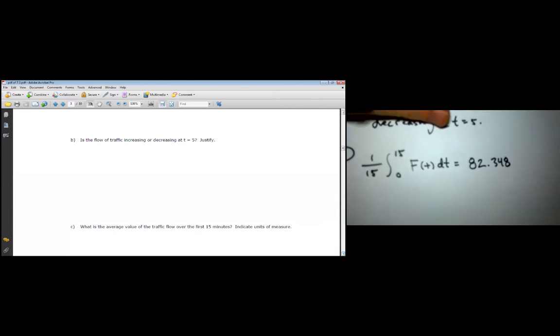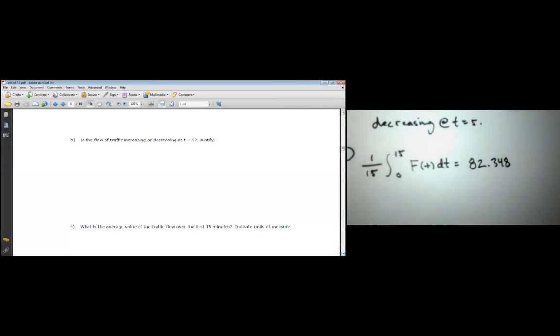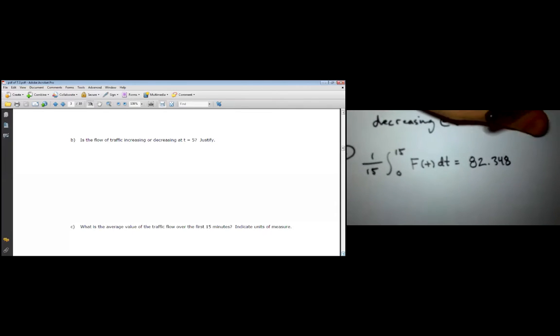82.348. And then since it's average value, would you say like cars per minute? Yes. Okay. Does it give us any rounding directions? Indicate units of measurement? No, it didn't say. This one's not an actual free response from a previous problem. This is one that I think me and Mr. Nickley made up over the years, so it's not like an official one. Yours would have a little more direction to it.